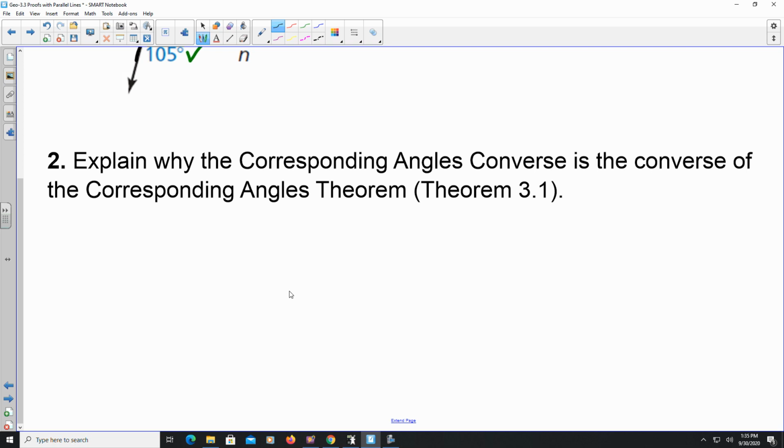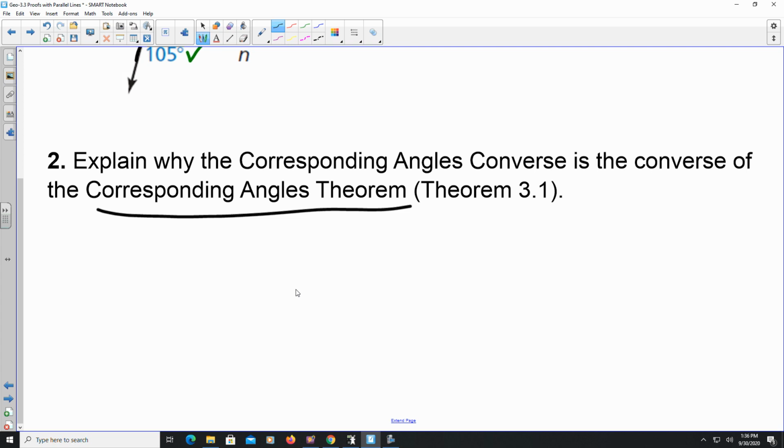If we look at the converse, it says if two lines are cut by a transversal so the corresponding angles are congruent, then the lines are parallel. So what I first read was the corresponding angles theorem.